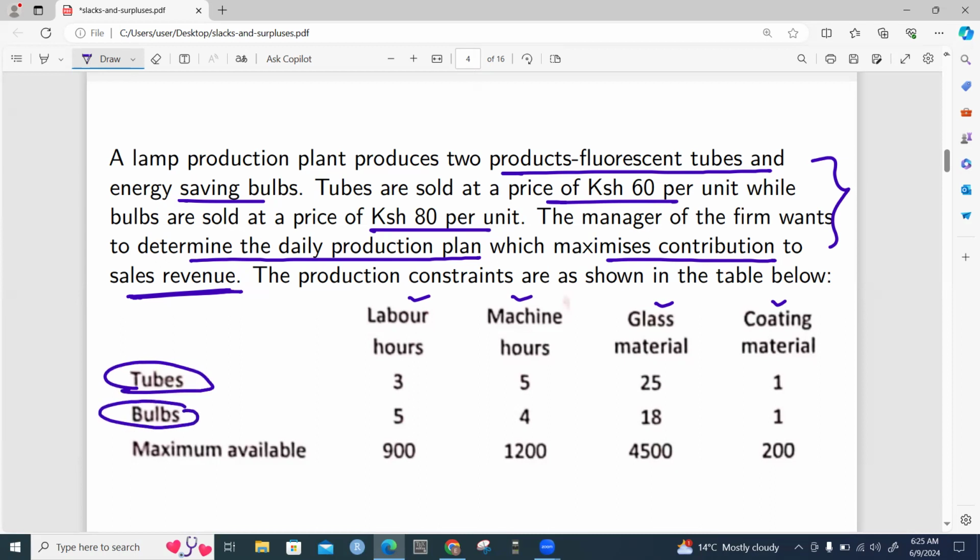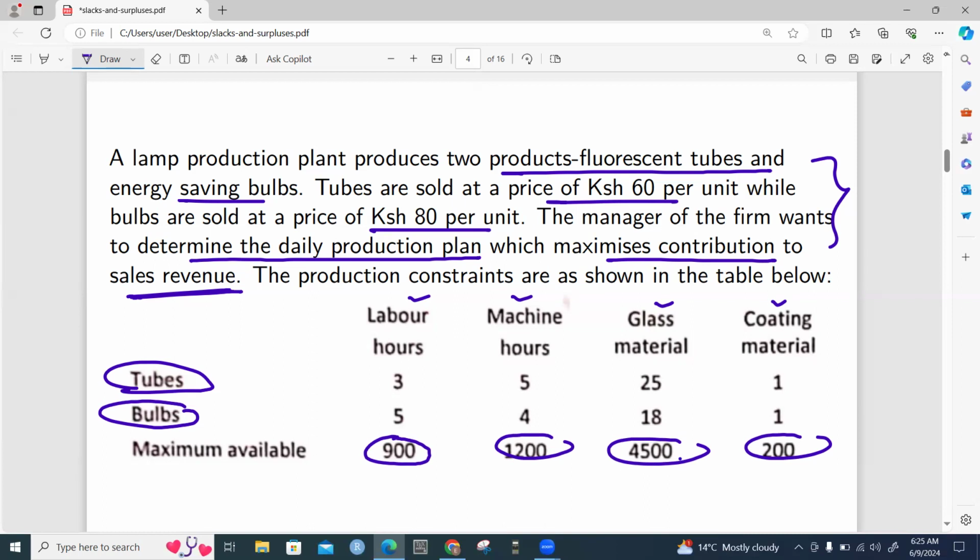The labor hours available, provided by the human resource, are a maximum of 900 hours. Machine hours, we have 1,200. Glass material, we have 4,500. And the coating material, we have 200. And this could be in different quantities, maybe in kg and so on.